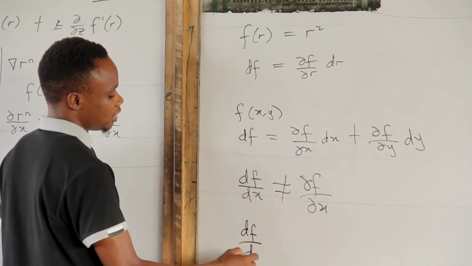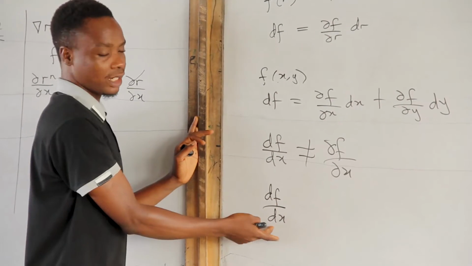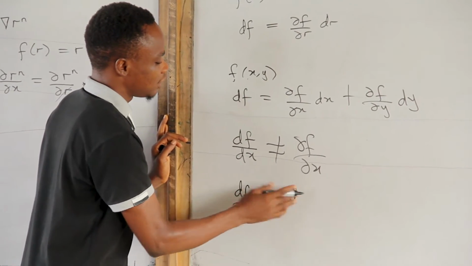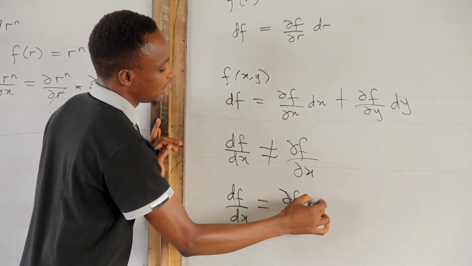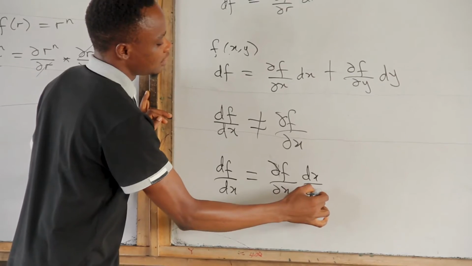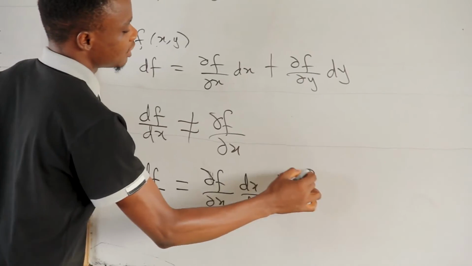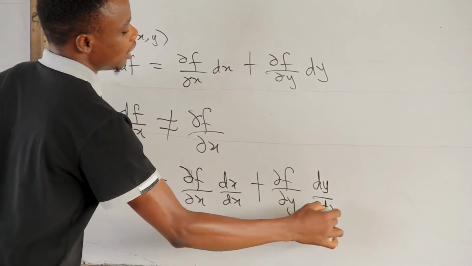If I want to get df dx here, I simply divide this total differential by dx, which is the same thing as having del f del x multiplied by dx over dx, plus del f del y multiplied by dy over dx.